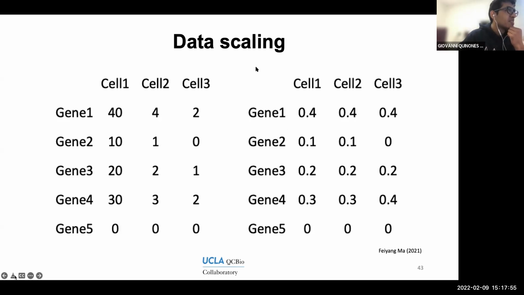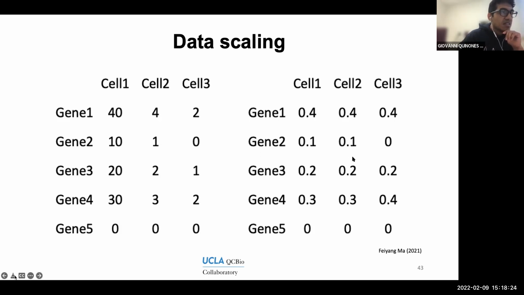Another aspect of scaling, which is not detailed here and is probably a little harder to visualize, is that you also want to have the same variance across genes. Variance refers to the spread of values, how different the values are across different cells. For example, gene 1 has the same value in the 3 cells, so the variance is 0.